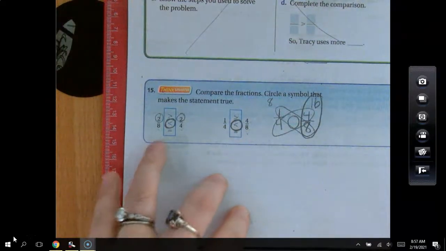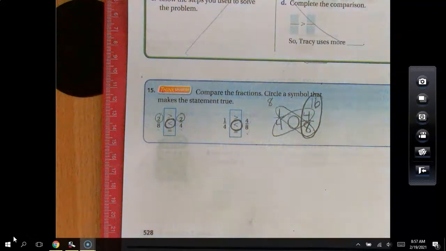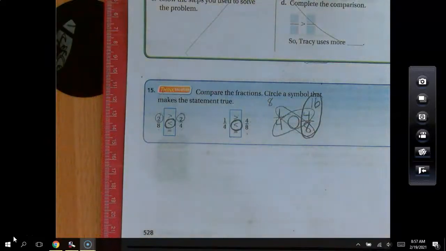All right, boys and girls, I threw a lot of information at you today. We learned how to look at fractions when numerators are the same. We learned to look at fractions when denominators are the same. We also learned to look at fractions when we don't have the same numerator or denominator. And there we need to cross multiply.